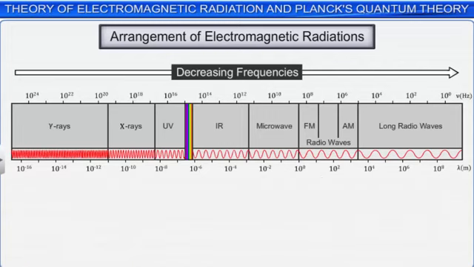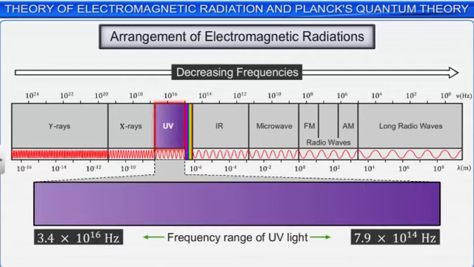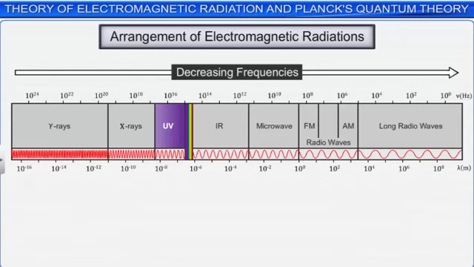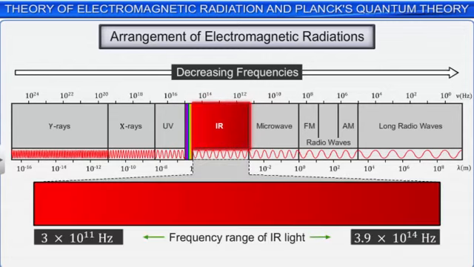The region above the violet color is called the ultraviolet region and has a frequency equal to 7.9 into 10 to the power 14 to 3.4 into 10 to the power 16 Hz. The region below the red color is called the infrared region, and the frequency of the waves of this region is 3 into 10 to the power 11 to 3.9 into 10 to the power 14.